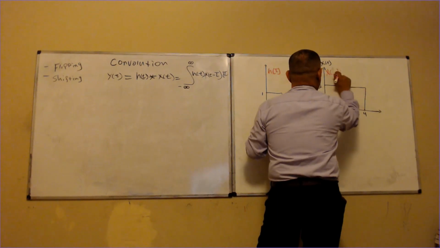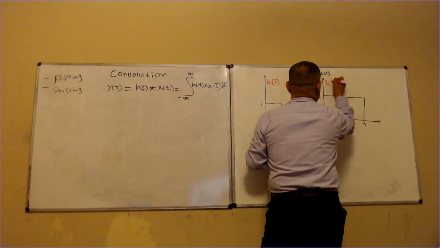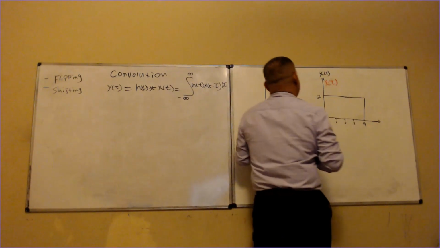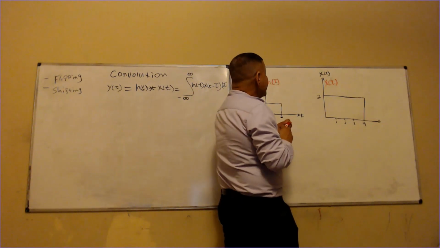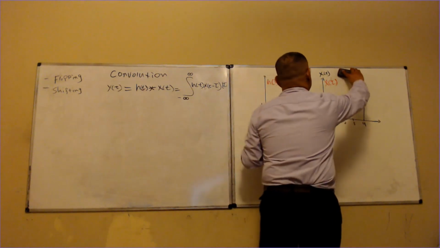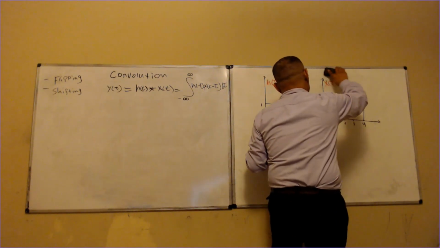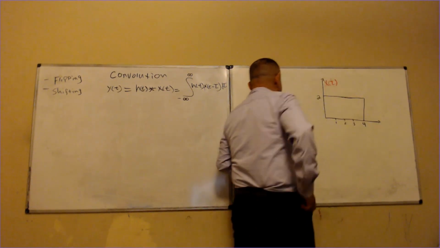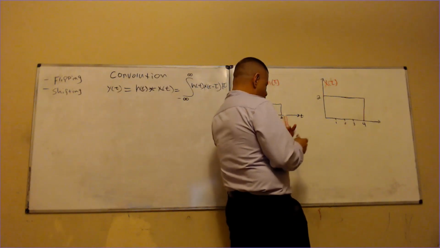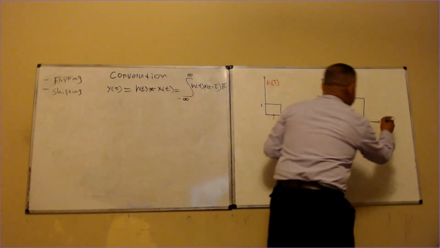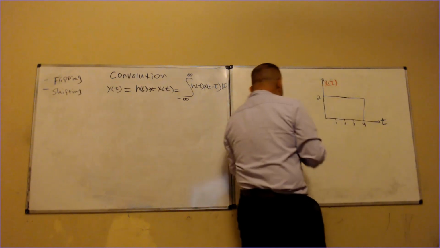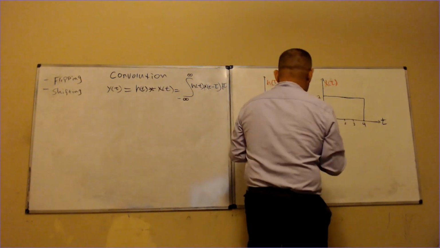This is a very important step. Now that I have that, I can erase this one. And then, of course, over here I had a t. Now that t becomes a tau.